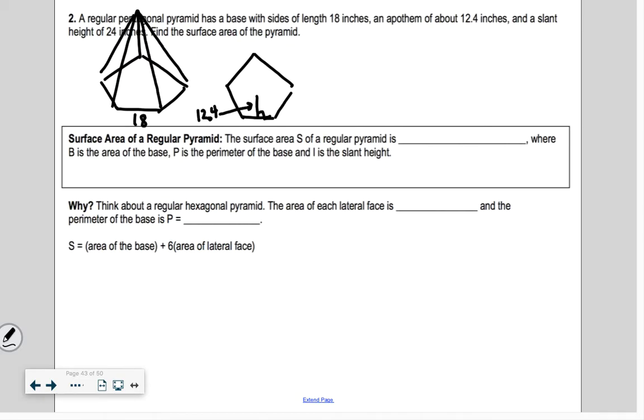I even gave you the slant height. How nice of me. It is 24. So find the surface area of the pyramid. For our surface area, I have one of those bases, and I have 5 of those triangular sides. That's a 5, not an S. My 5s always look like S's.